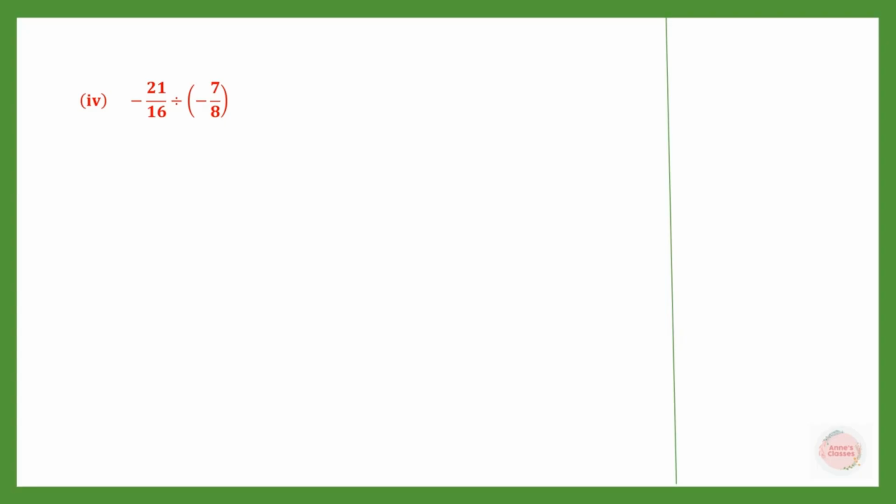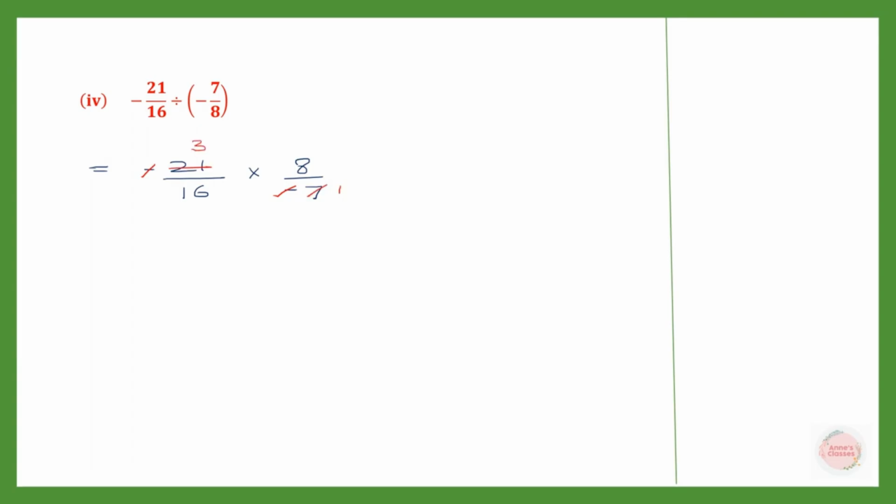Question 4. So let's write the first one as it is, minus 21 by 16. Division changes to multiplication and minus 7 by 8 now becomes 8 by minus 7. Now we can cancel first the signs, minus sign in the numerator, minus sign in the denominator. Now we can cancel 7 and 21. 7 ones are 7 and 7 3s are 21.